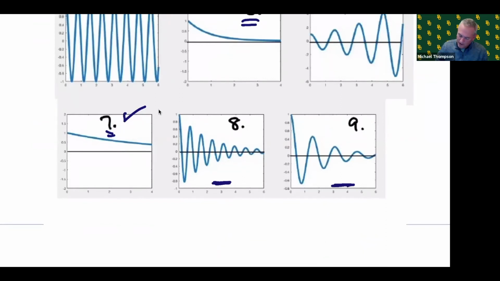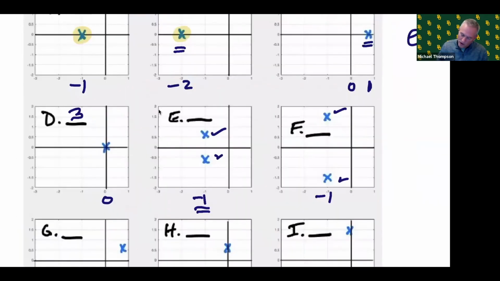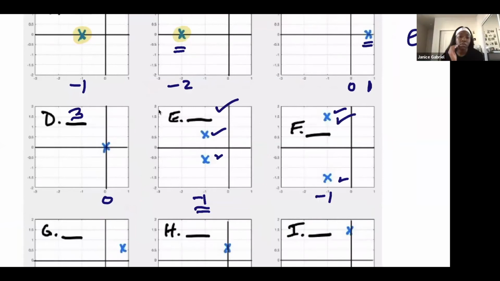I also look at this and ask, what's the difference between 8 and 9? I see that 8 oscillates faster than 9. So which should go here? Is it 8 or 9? And which should go here? Should 8 be with E?